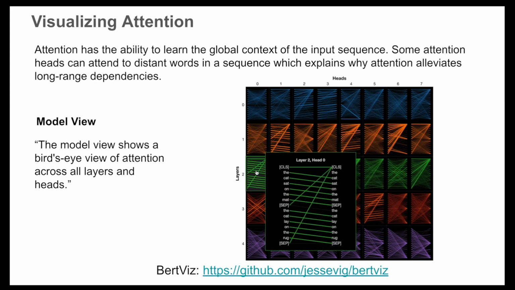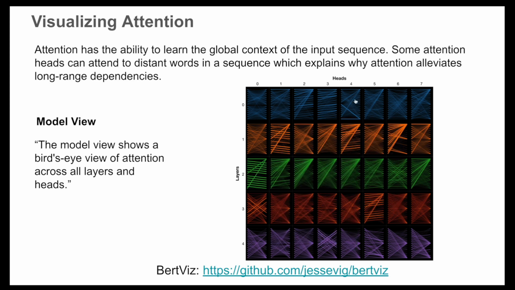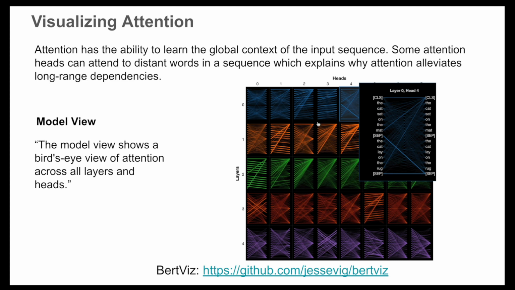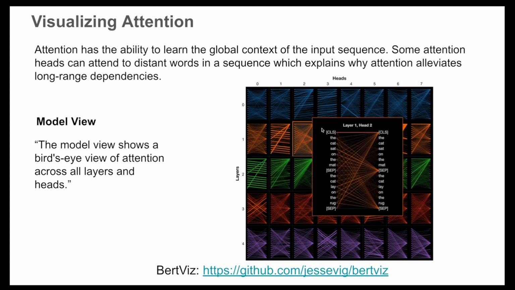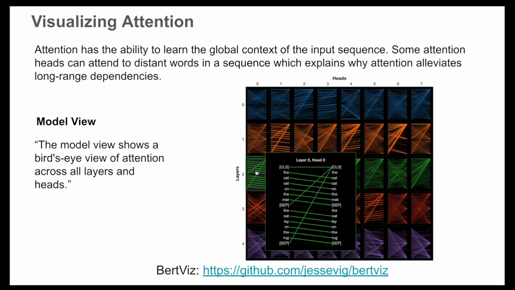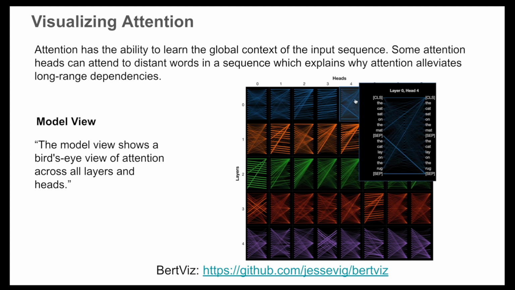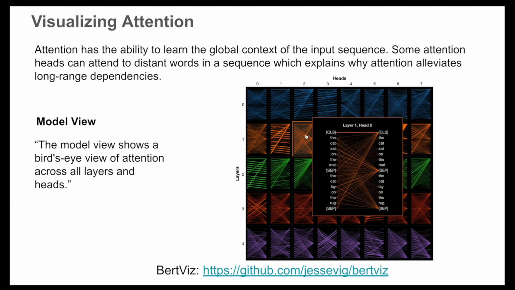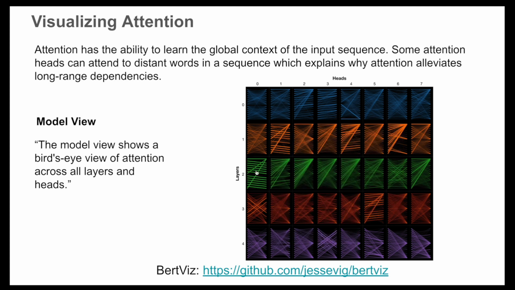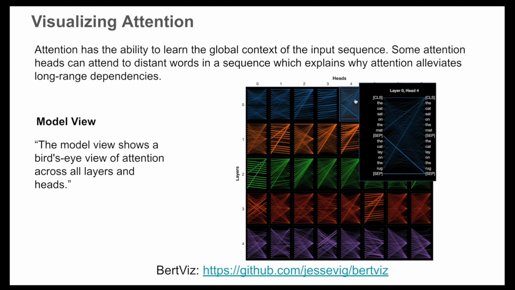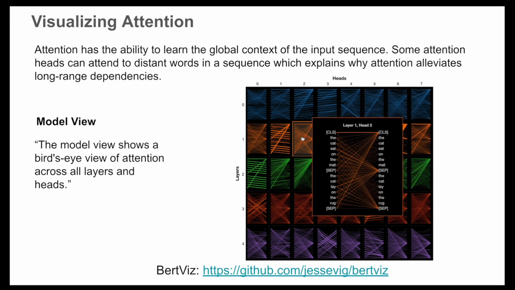So this is a model view which shows the bird's eye view of the attention across all layers and across all heads. Something to say here is that in the early layers and in the first heads, one thing you can see is that every word attends to all other words. But as you go deeper into the architecture, as you increase layers, as you increase heads, the words start attending to relevant words rather than attending to everything.